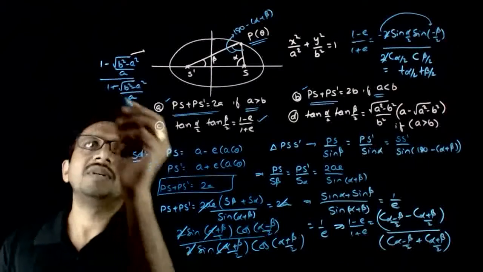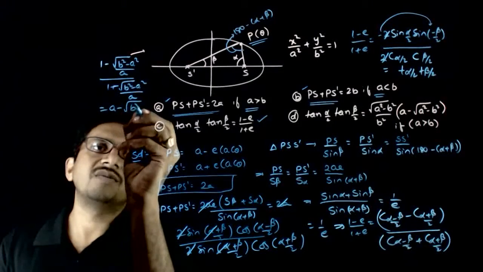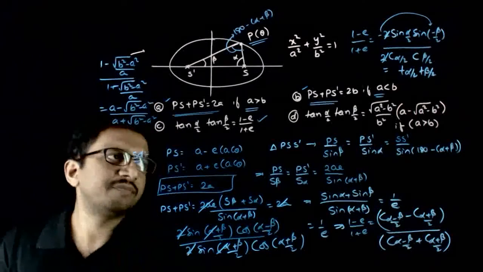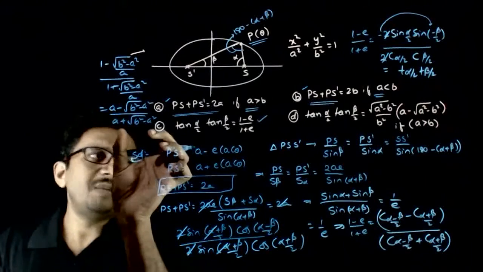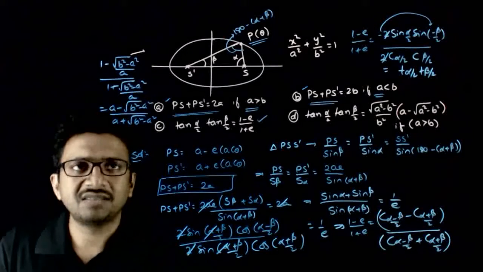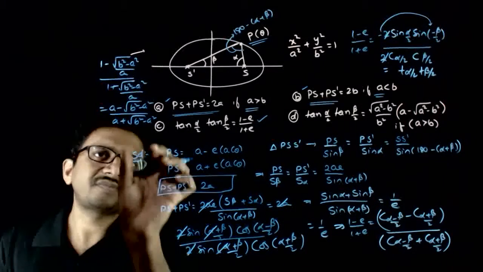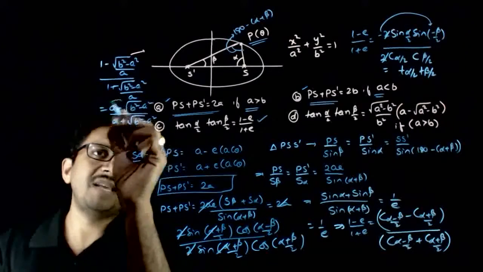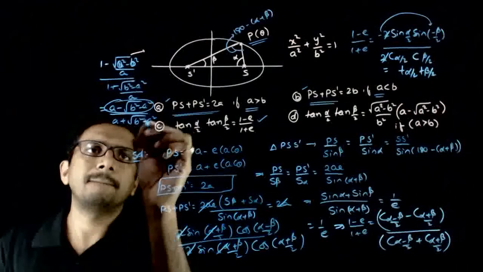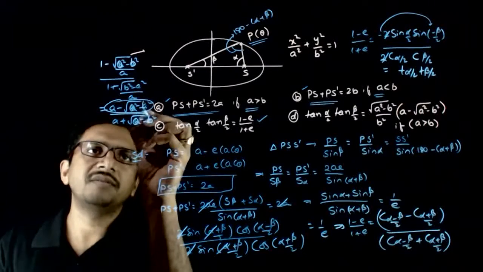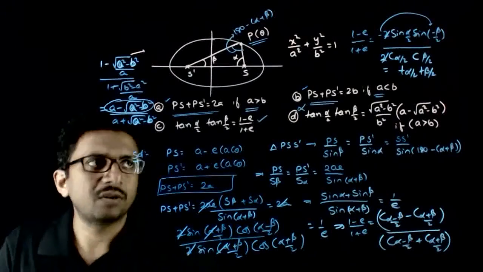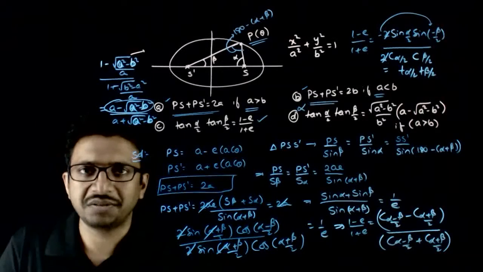That is equal to A minus root of (B square minus A square) by A plus root of (B square minus A square). If I rationalize this, what I get is A minus root of (A square minus B square), and you have A square minus B square here. So obviously you can see that these two are not equal. So option D is wrong. Options A, B, C are right answers to this question. Thank you.